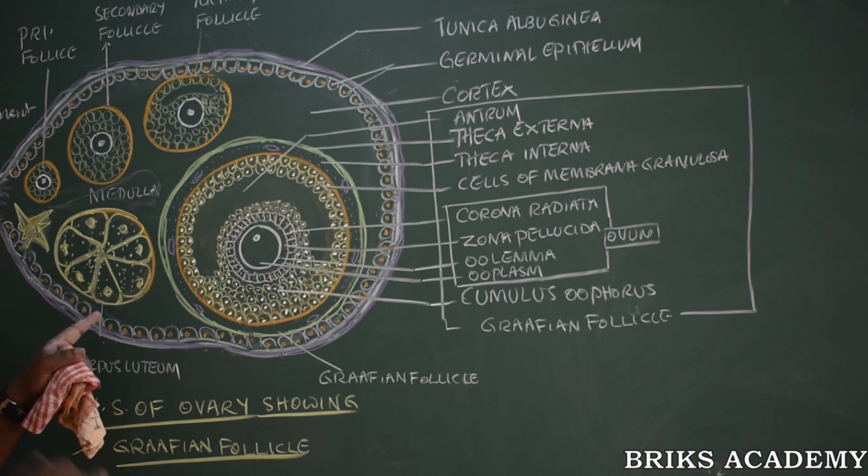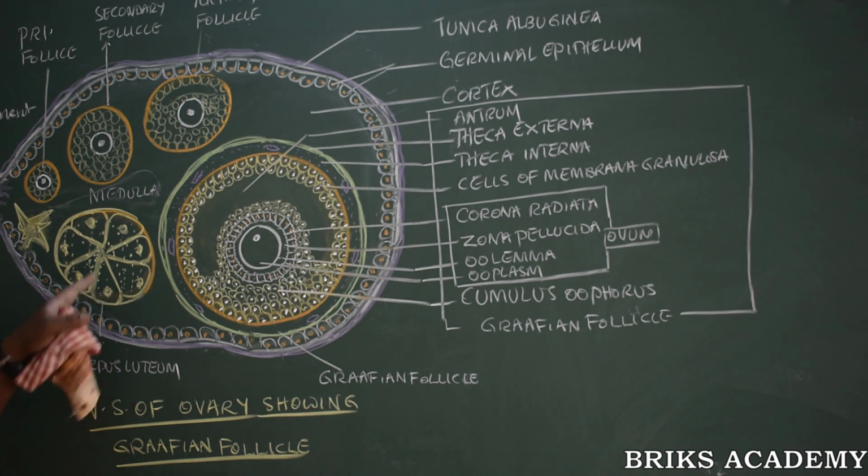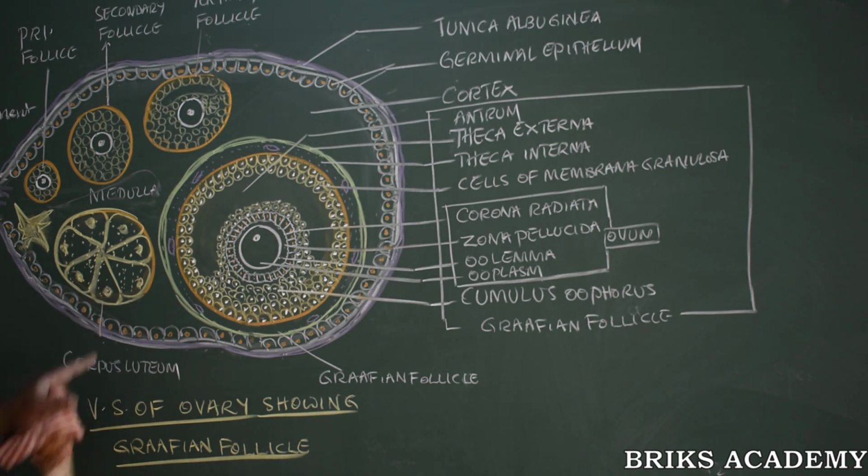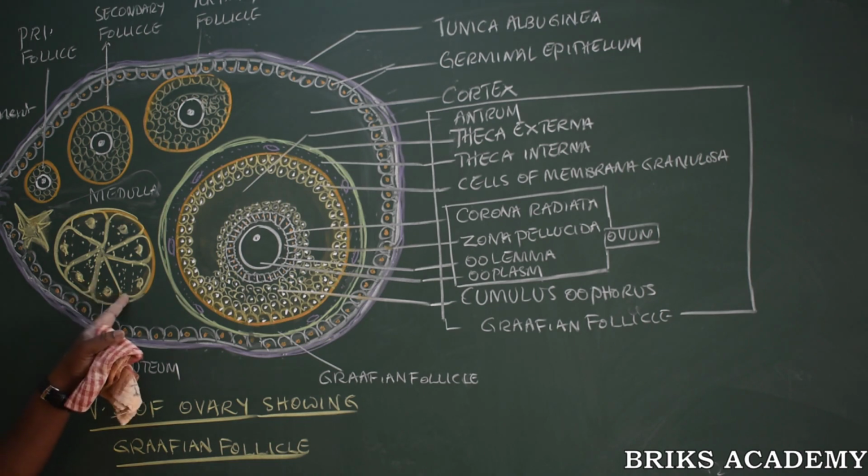They secrete a hormone called progesterone. It is also called pregnancy hormone. It is also called hormone of maturation, and the cells become large, enlarge, and then become yellow in color. They are called luteal cells, and this structure is called corpus luteum. Corpus luteum is formed under the influence of hormone called LH. So this corpus luteum is continued till delivery of the baby.